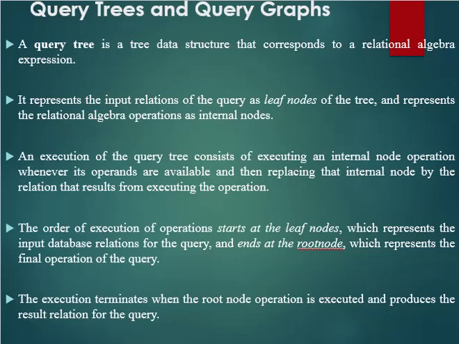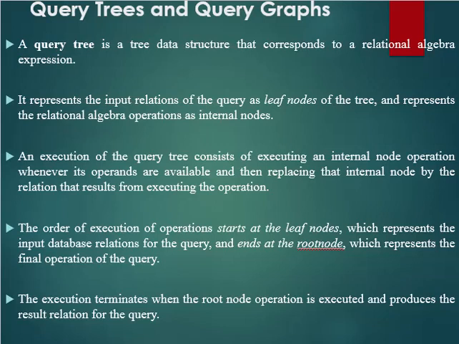Next we need to understand the order of execution. If you are given a query tree, we need to execute it from the leaf. The leaf contains the relation name, and the next step will be the higher level of the leaf.